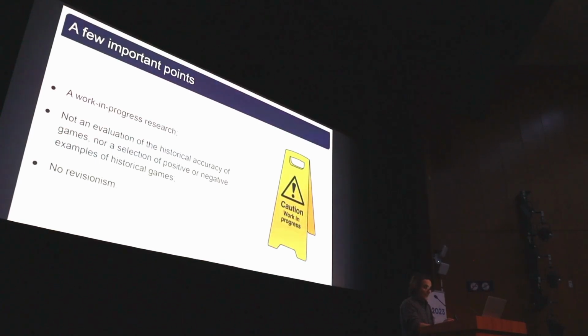And last but not least, we don't want to encourage people to accept revisionist theories and narratives, but to develop a critical understanding of the use of historical and archaeological issues in political propaganda and their potential manipulation.